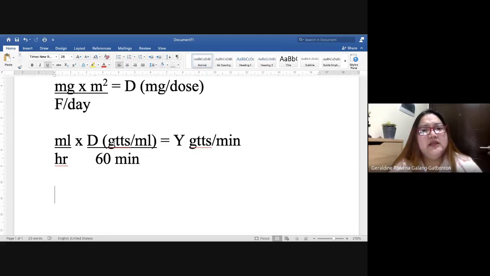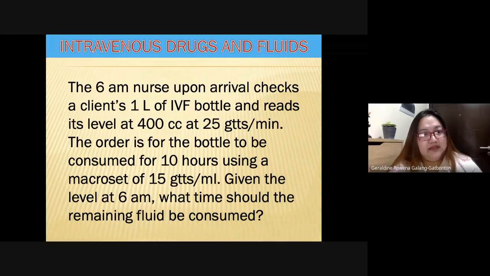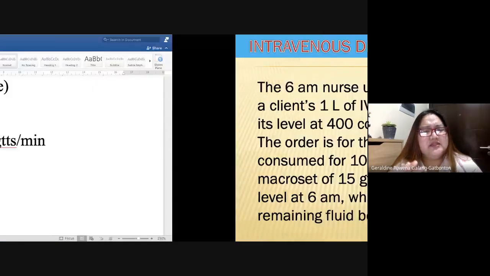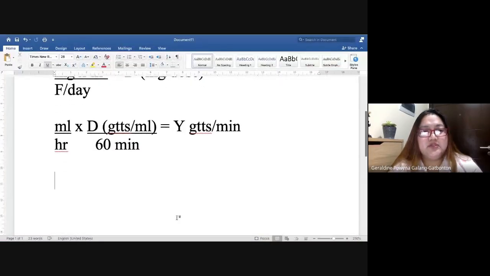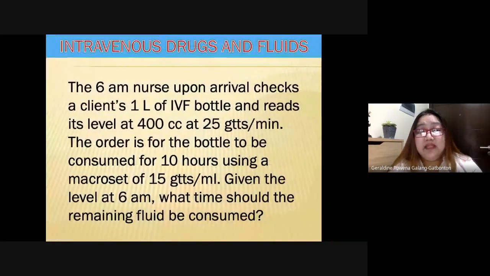Pero ito, gusto mo lang malaman anong oras mauubos yung ganyan kataas na level. Okay? So it's very simple. Just use the ml per hour. Okay? Ilang ml siya? Total? Lahat. Total. 1 liter. Okay? At yung 1 liter na yan, ilang oras daw dapat maubos? 10.